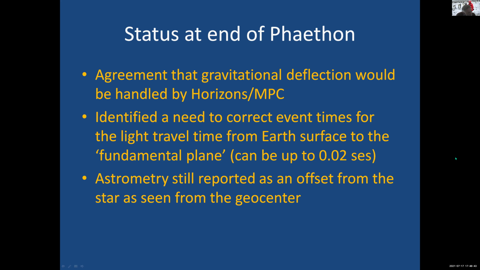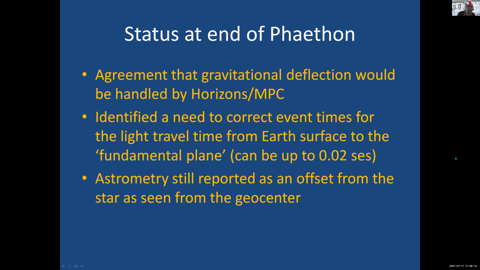We also needed to, when computing the event time, allow for the fact that our observers are on the surface of the Earth. We reduce all the observations on a plane which goes through the centre of the Earth. It's called a fundamental plane. And we have to allow for the time for the light to get from the observer down to this plane when deciding what the event time is.